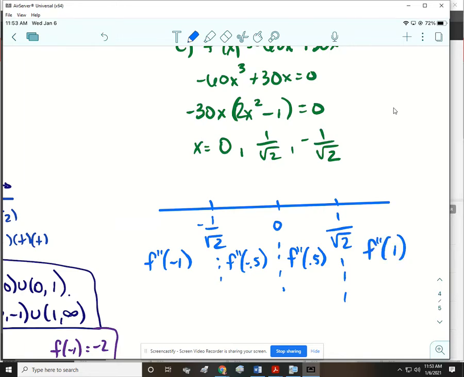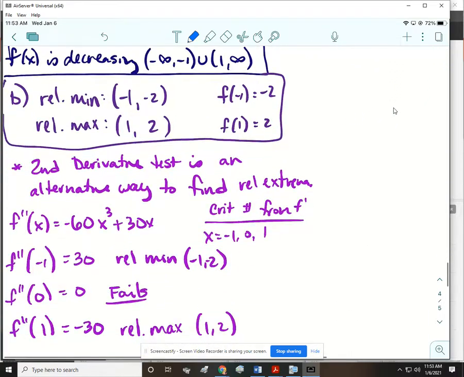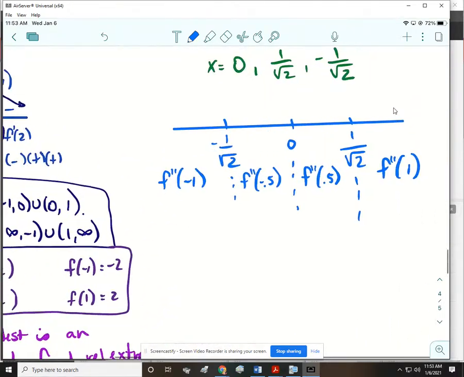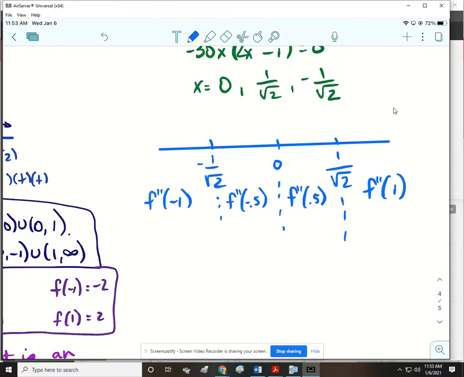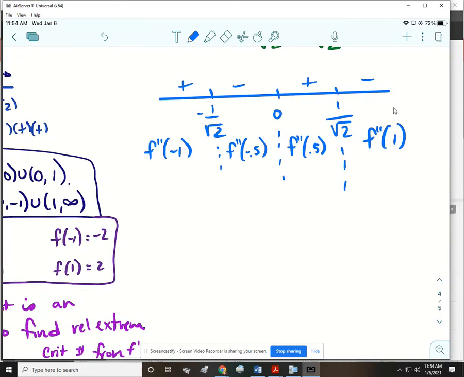All right. Now I've already put in -1 and 1, and I got 30 and -30. So that's going to be positive and negative, right? And then those two I can plug in and I get negative and positive, right? So whenever the second derivative is positive, the function is concave up.